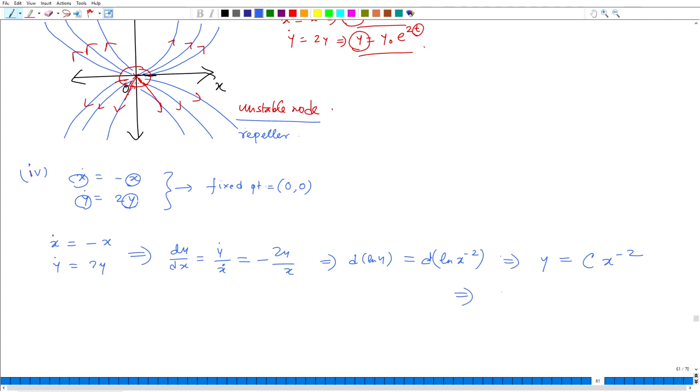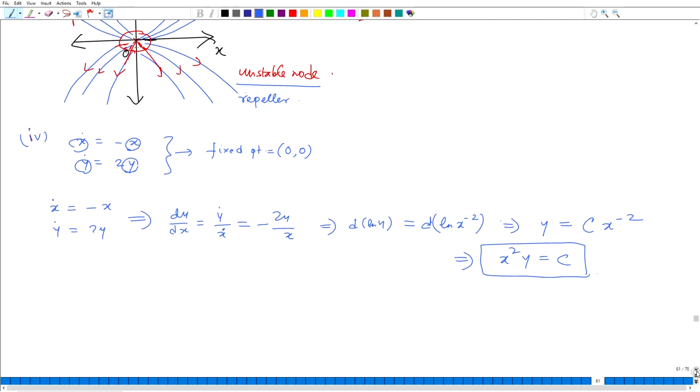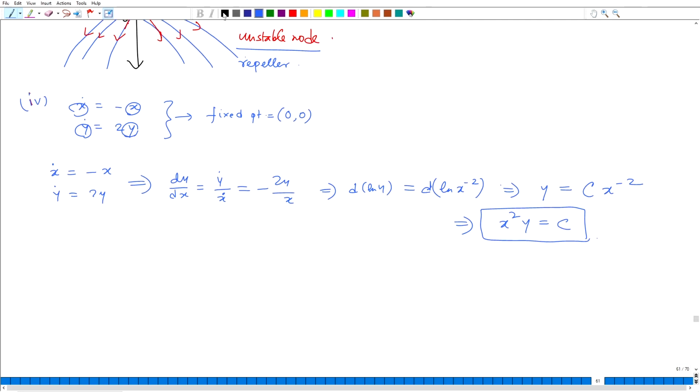So, x square y is equal to some constant, they are the phase space trajectories, and if you draw them carefully you will see that they look like this. X and y. So, you will have trajectories like this.